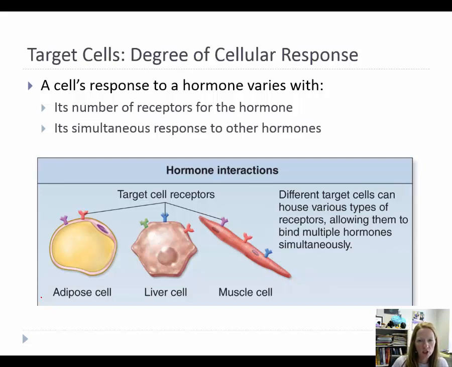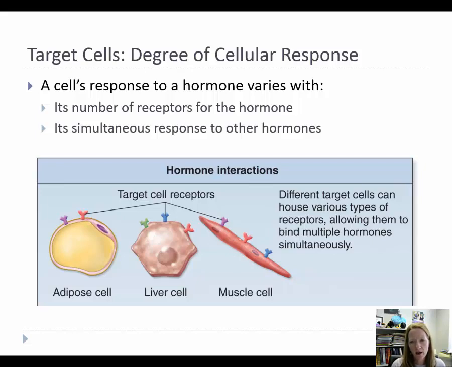So this is showing just 3 different cells, and look, they have different receptors, right? You have this adipose cell that can bind a couple of different hormones. This liver cell can go in and bind a couple or 3 different hormones. Look, it can bind 2 of the same ones that the adipose cell can bind as well.